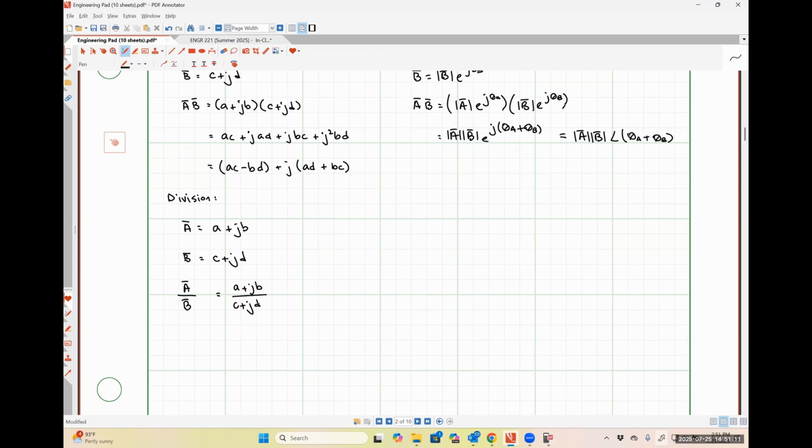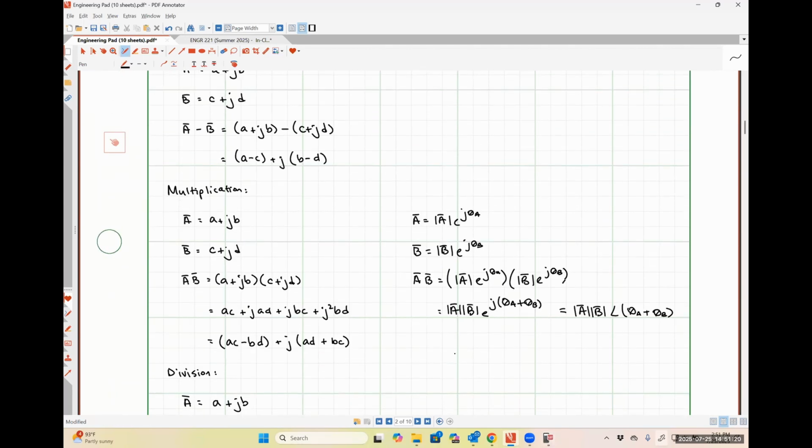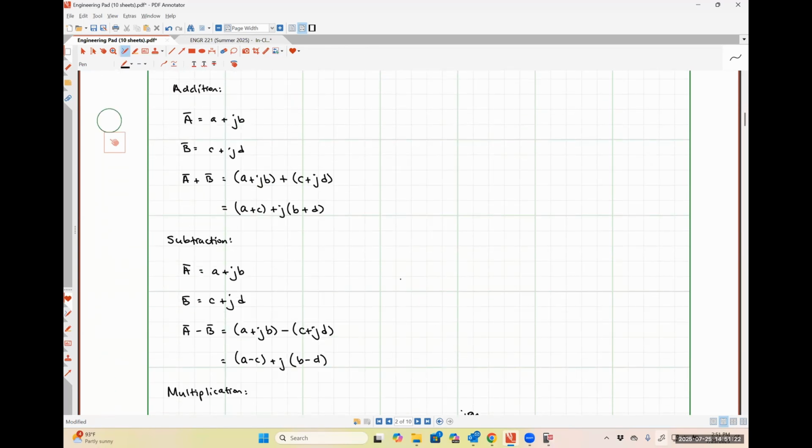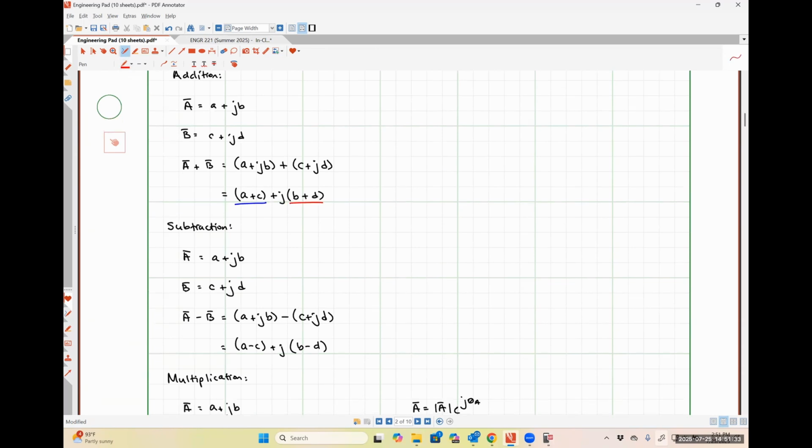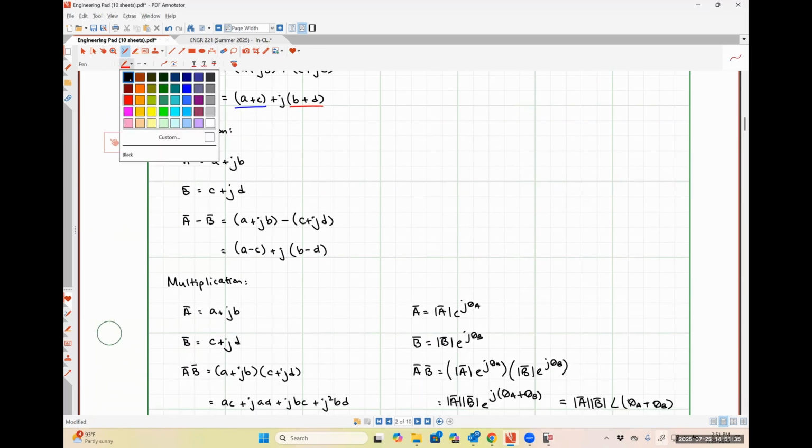However, the form of our answer doesn't look like anything that we've gotten before. So I'm going to scroll up here and talk through things really quickly. When we added complex numbers together in rectangular form, our result had a real part and an imaginary part. When we subtracted complex numbers, our result had a real part and an imaginary part.